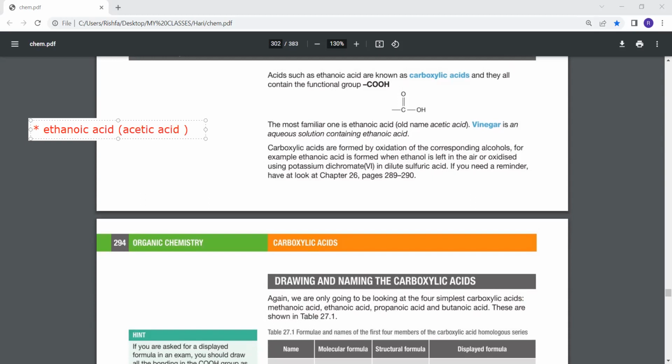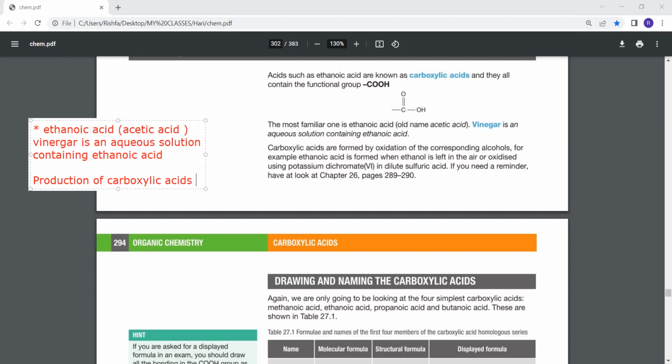And then put the subtopic production of carboxylic acids. So how do we produce carboxylic acids?